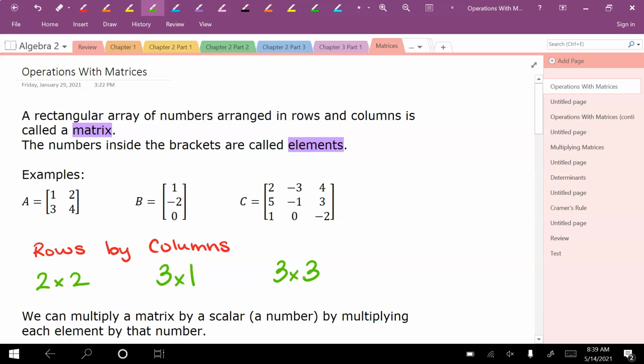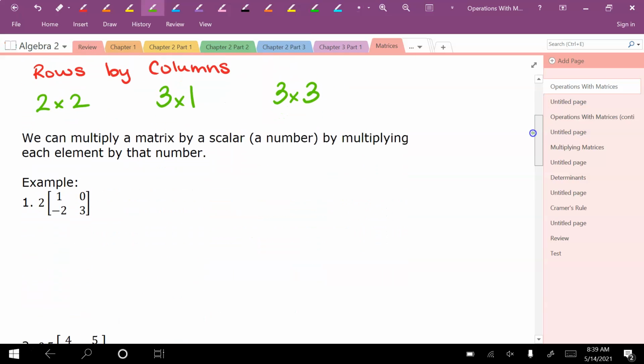Now that'll come in more handy when we're dealing with actually multiplying matrices, but we're not going to do that for a couple of sections. What we're going to do with multiplication today is just multiplying by a scalar. A scalar is like a scale factor, so it causes something to either increase or decrease in size.